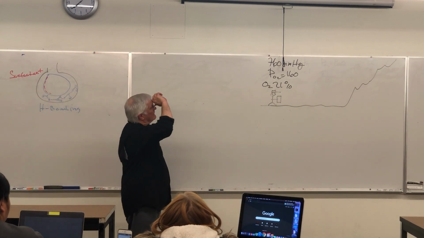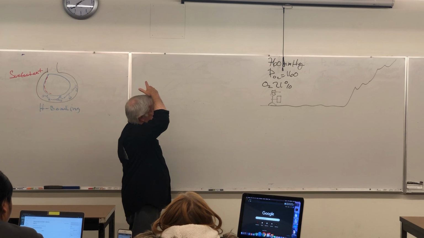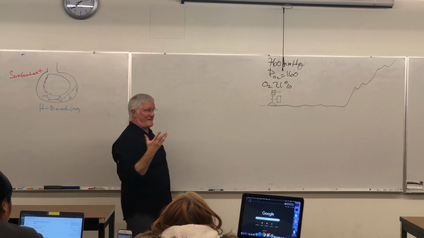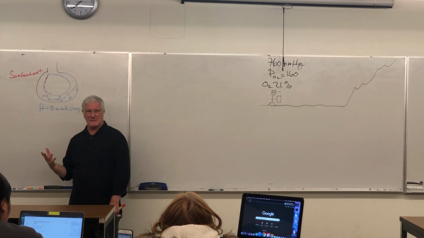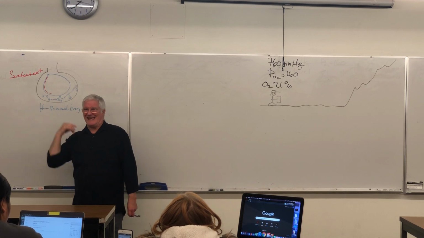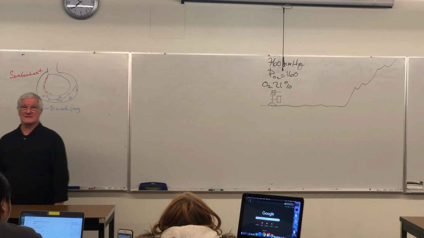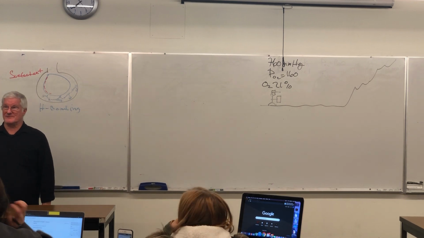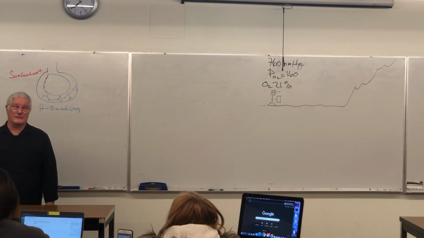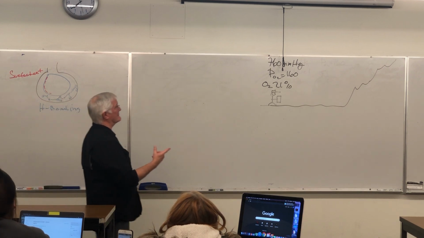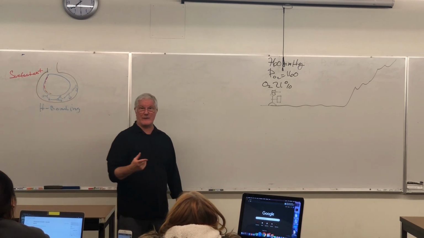I think I mentioned to you guys that I really don't have a feel for what 760 millimeters of mercury is. I can't get my head wrapped around it, like saying newtons in physics. But I do understand pounds per square inch. So we're going to translate 760 millimeters of mercury into pounds per square inch.